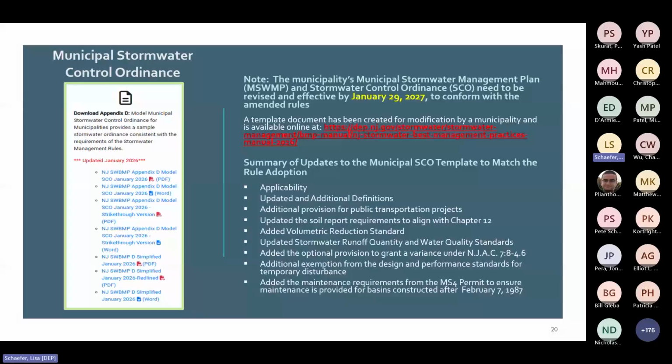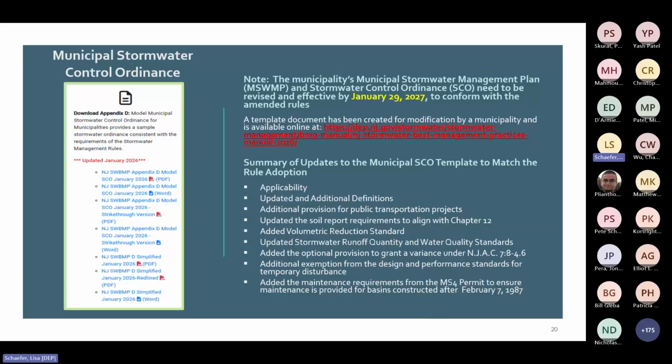Plus, there's also a strike-through version to illustrate where text has been removed, with the new text appearing in red. And lastly, there's also a simplified version. This simplified version cites chapter, subchapter, and section numbers from the rules instead of the full text to reduce or eliminate the need for municipalities to revise their ordinance when the stormwater management rules are amended.